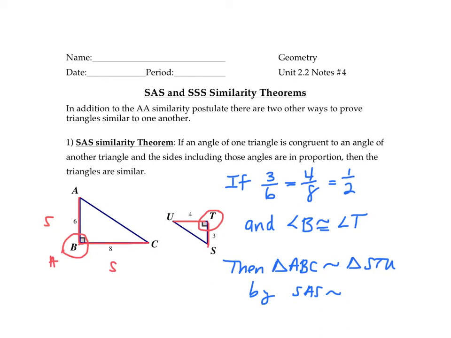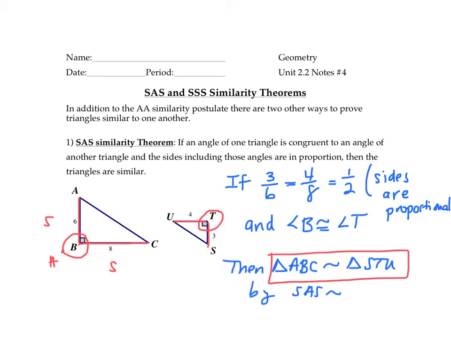Keep in mind one thing. Up here, we're proving the sides are proportional. The other thing to keep in mind is we really need to be careful when we write the similarity statement. If you check out how I named the first triangle, triangle ABC, I went along the shorter side in this triangle. So I need to follow that pattern in the second triangle and go with STU.